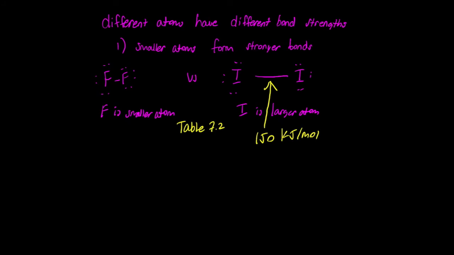Fluorine, oh gosh, is it alphabetical? How is this thing even arranged? It's really random. Okay, so fluorine is 160 kilojoules per mole. Okay, so fluorine is a stronger bond. It requires more energy to break that. Okay, so that's point number 1.